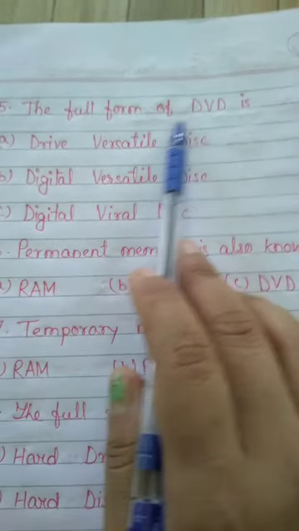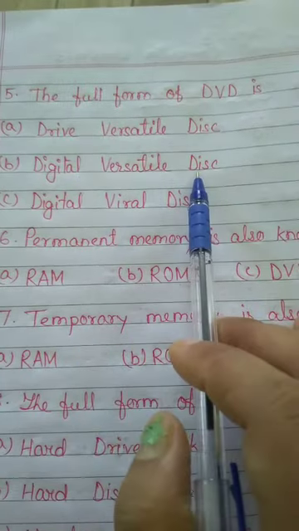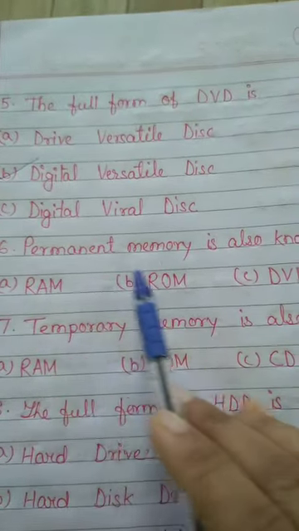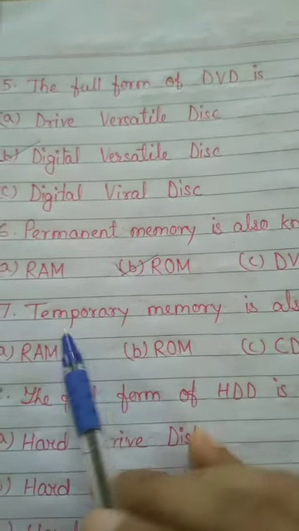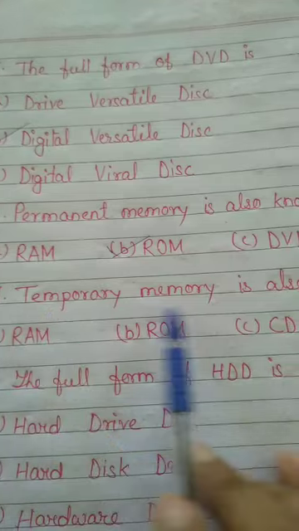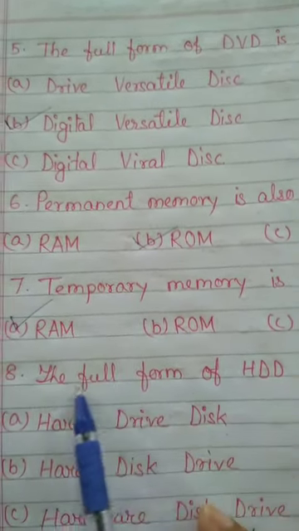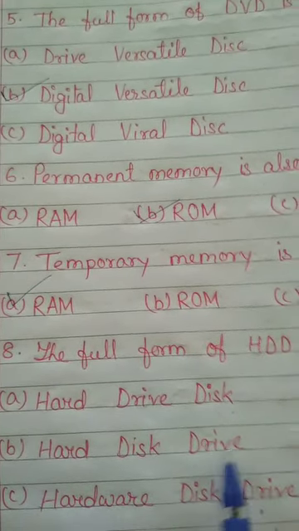The full form of DVD is digital versatile disk. B is correct. Permanent memory is also known as ROM. Question number 7. Temporary memory is also known as RAM. The full form of HDD is hard disk drive.